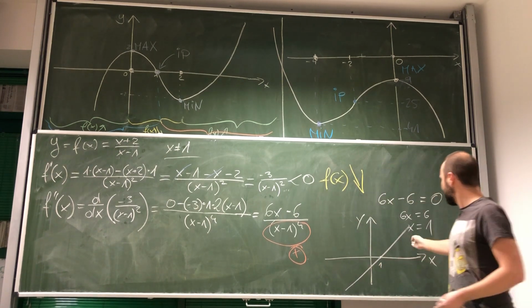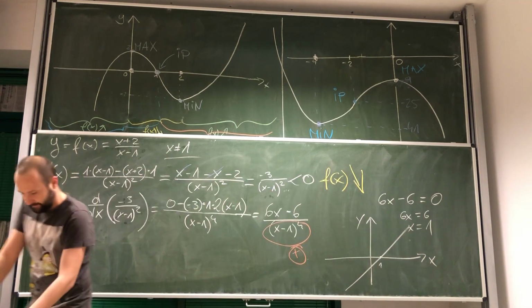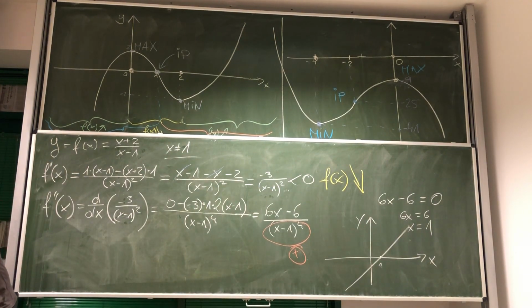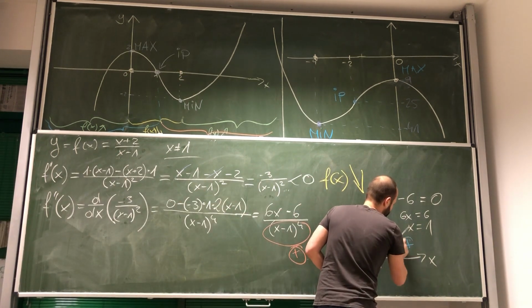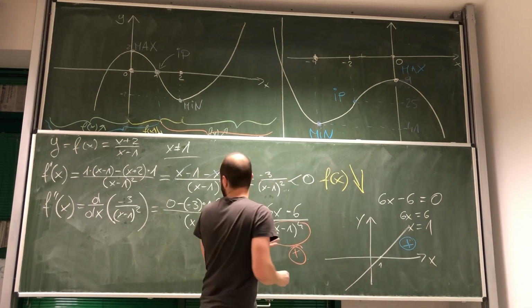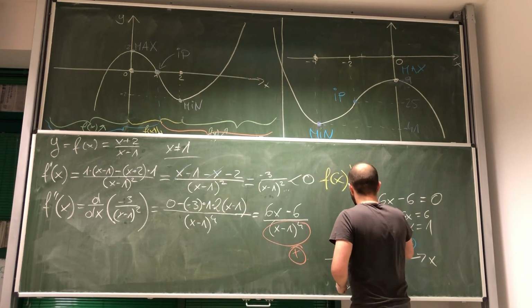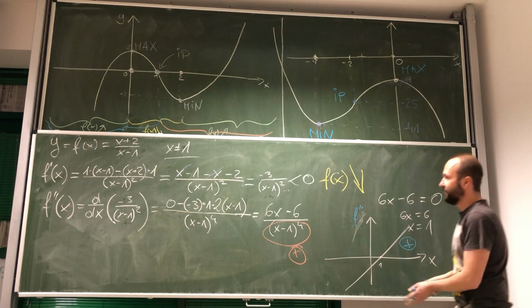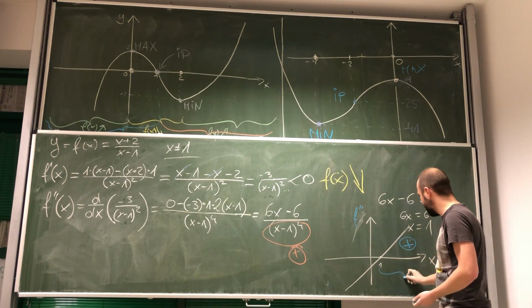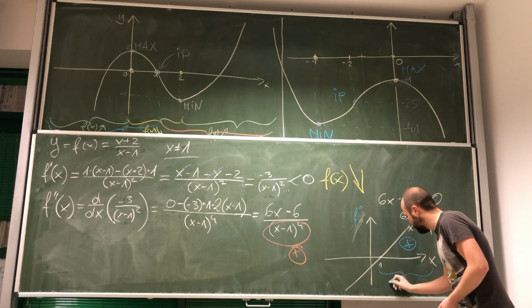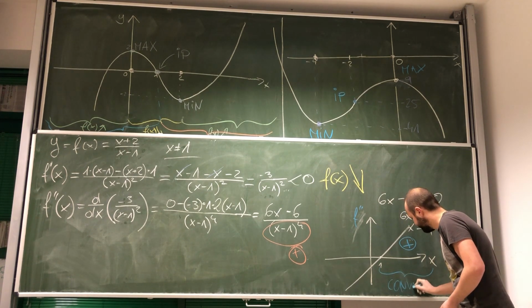And again, we see that because here the function is positive. This function is positive. Let me just show you, this is the second derivative. It's positive. Then the function here must have positive acceleration and be convex.